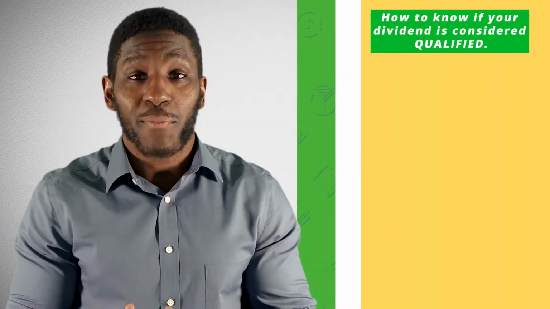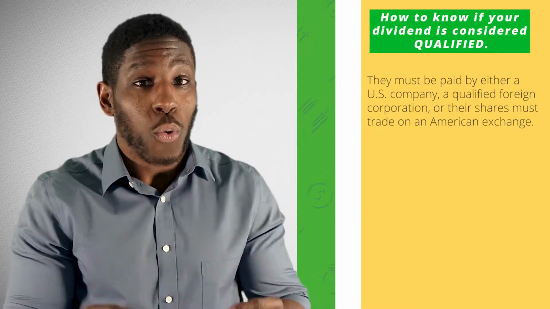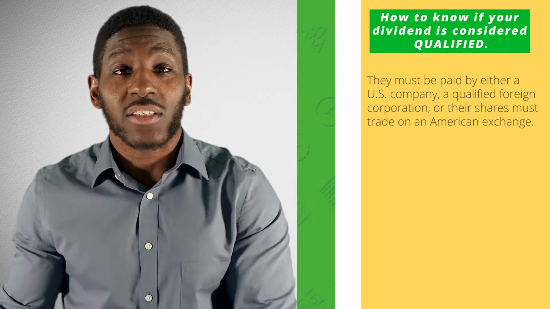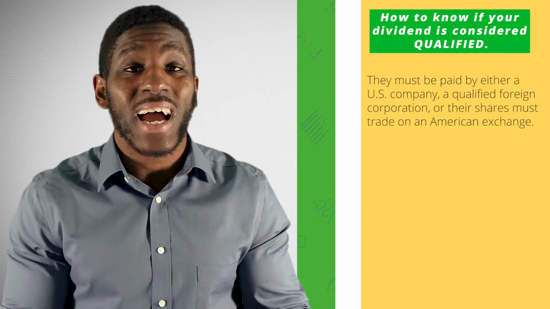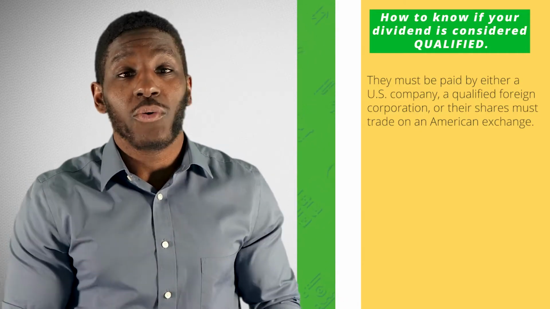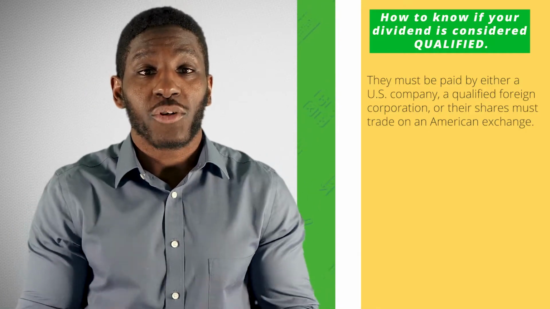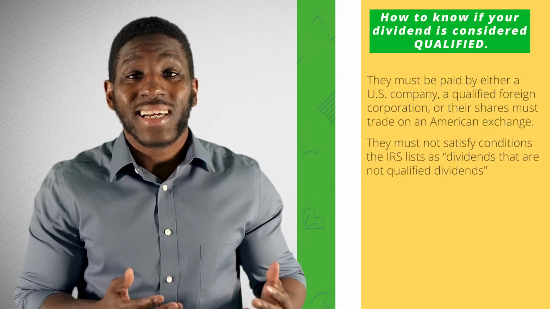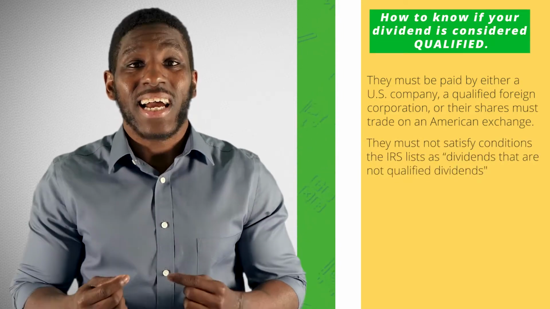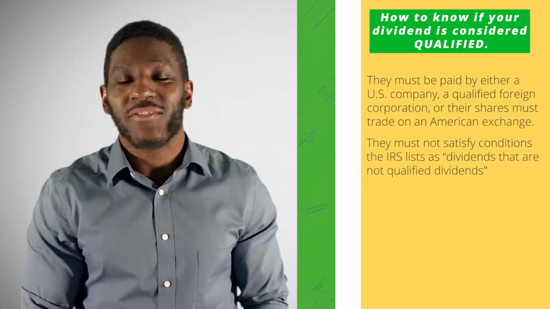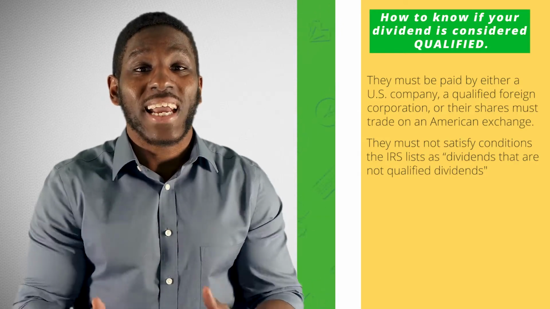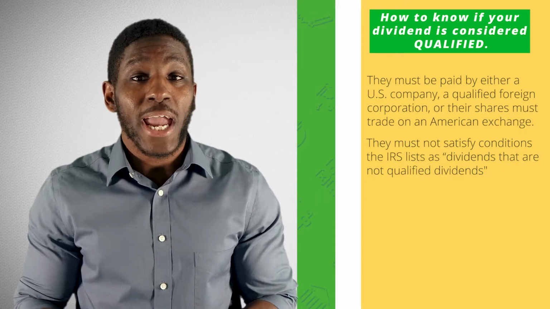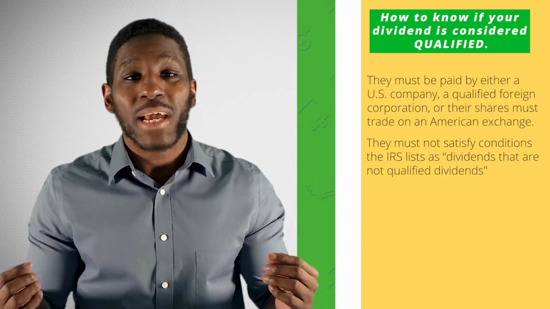First, they must be paid by either a U.S. company, a qualified foreign corporation, aka one incorporated on U.S. soil, or whose country signed an income tax treaty with the U.S., or their shares must be traded on an American exchange. Second, they must not satisfy conditions the IRS lists as dividends that are not qualified dividends, which include capital gain distributions, dividends from tax-exempt corporations, and payments in lieu of dividends, to name a few things.